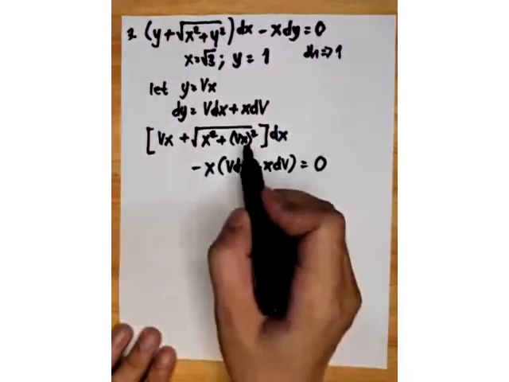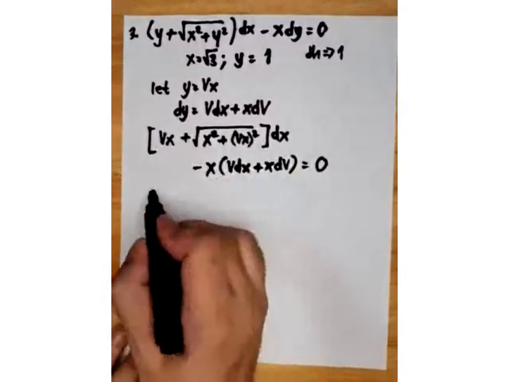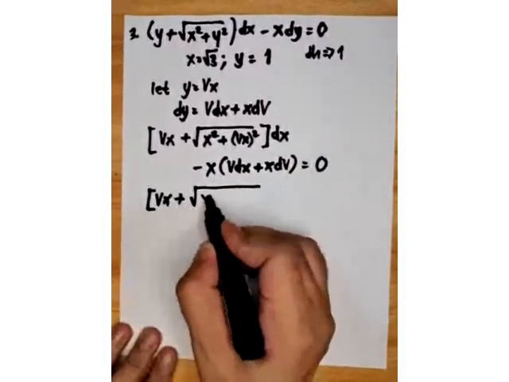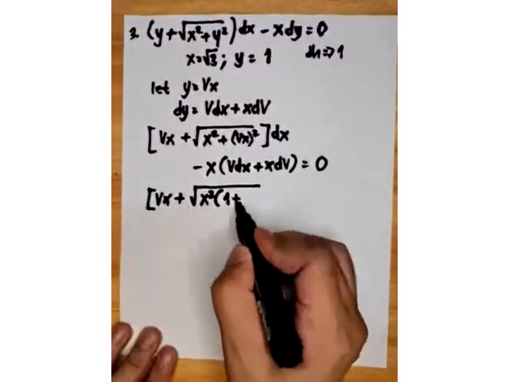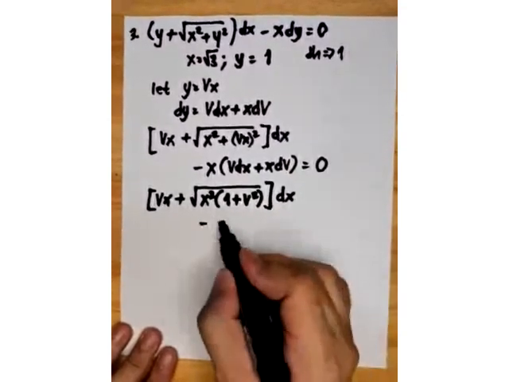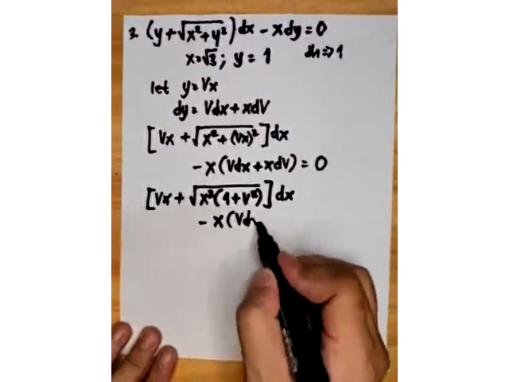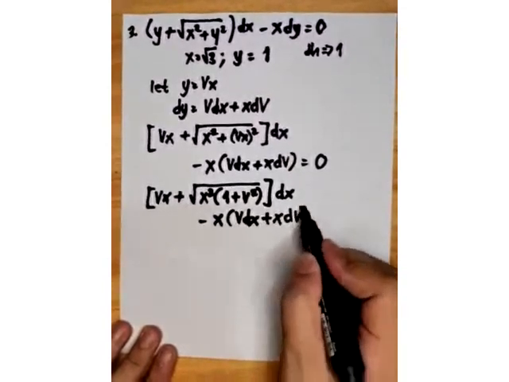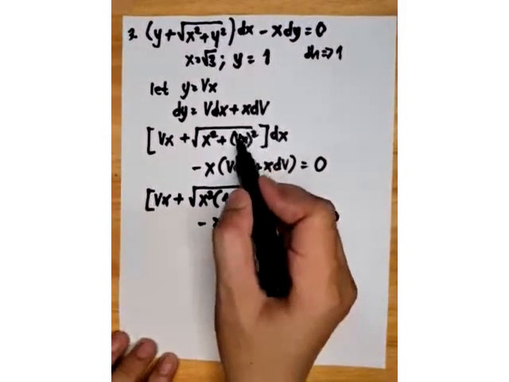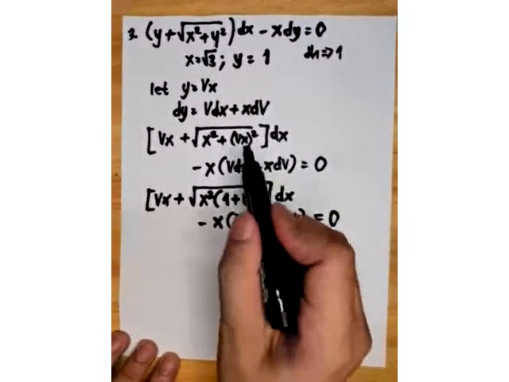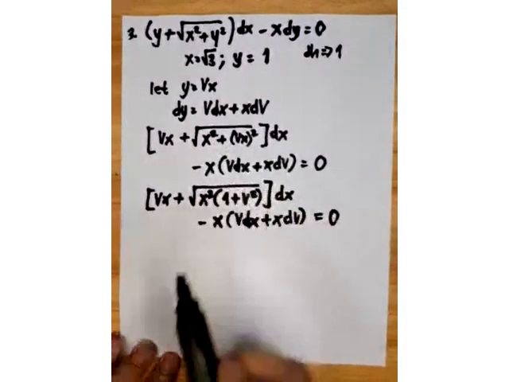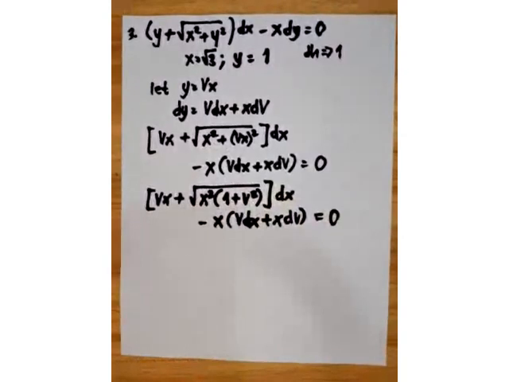Okay, so let's try to factor out x here. So we'll have vx plus the square root of x squared times 1 plus v squared dx minus x times v dx plus x dv is equal to 0. I have distributed the 2 here, so v squared, x squared. Therefore, if I factor out x squared, I'll have 1 and then I'll only have v squared on the second term.